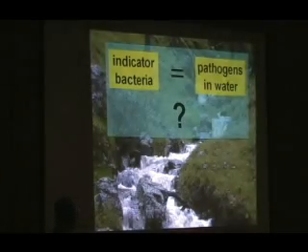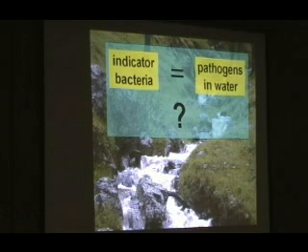So then, to move right on into the crux of it. We see indicator bacteria in high levels coming off of these landscapes that we manage and that we study consistently across the state. We see seasonality, we see some management patterns. But from my perspective, thinking about the human health risk associated with these high levels of indicator bacteria numbers, do these indicator bacteria equal the presence of pathogen in water?